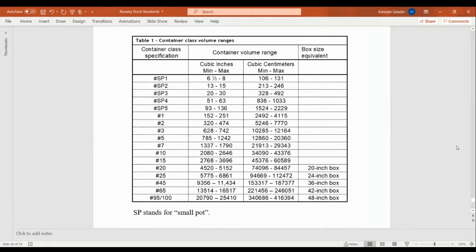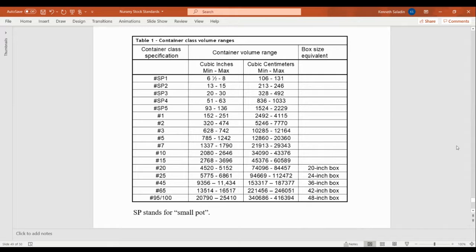All right, so this is a table that came from the nursery standards, and this is telling us something about how big different containers should be. Now, there's been a lot of discussion over the years about containers, and when I started out in the nursery business, they used to sell containers based on, well, they called them like a 1-gallon container or a 2-gallon container or a 3-gallon container.